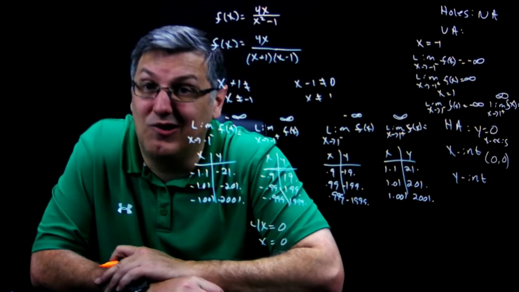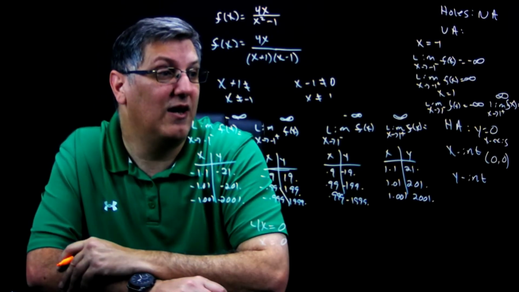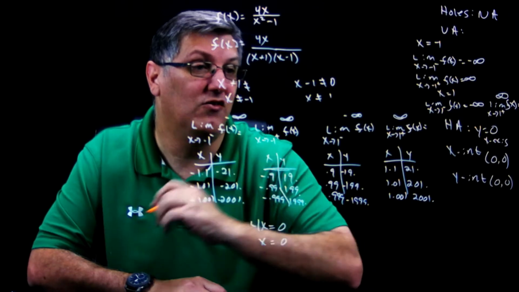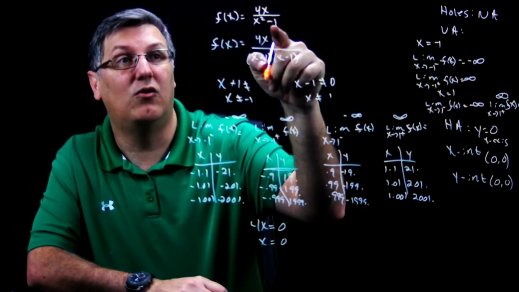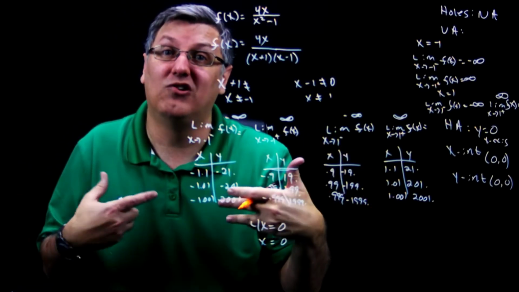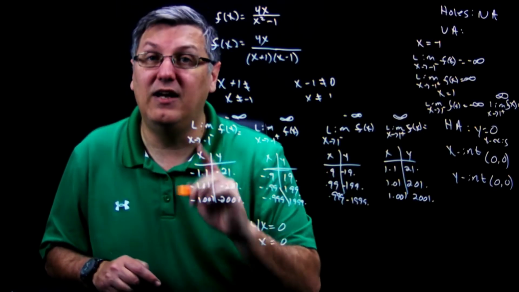Well, I don't even have to do anything for the y-intercept because 0, 0 is the only point that can be an x and a y-intercept on the xy plane or the Cartesian plane. But you can put 0 in everywhere and you will get 0 over negative 1, which is just 0. So it's 0, 0.